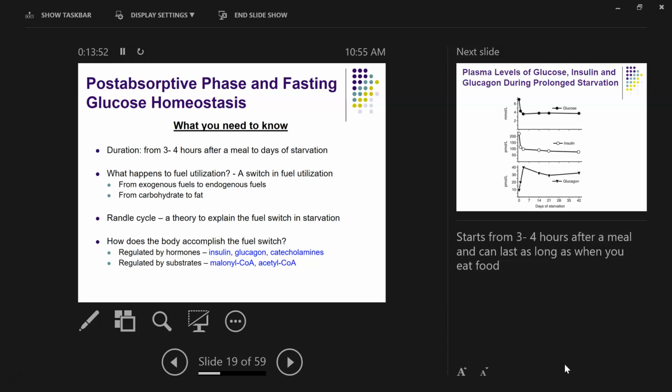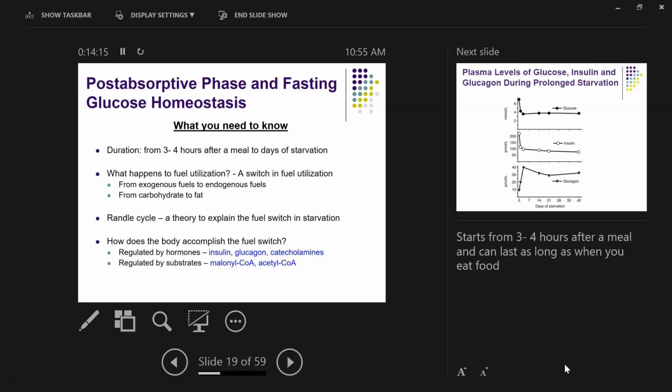And what happens to fuel utilization during this phase? There is a switch in fuel utilization, right? So a fuel utilization switch happens during the post-absorptive phase. There are two kinds of switch.